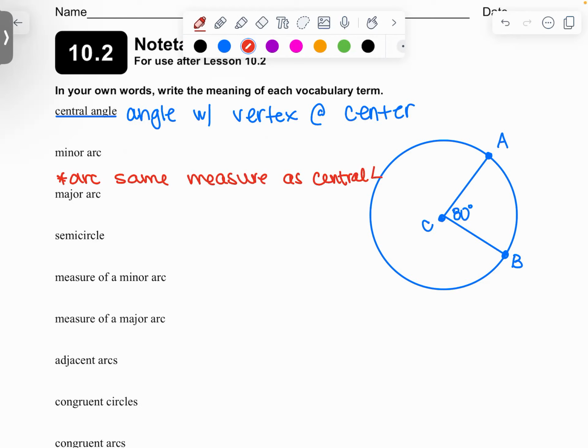A minor arc is going to be less than how many degrees do you think? Less than 180. And a major arc is going to be more than 180.